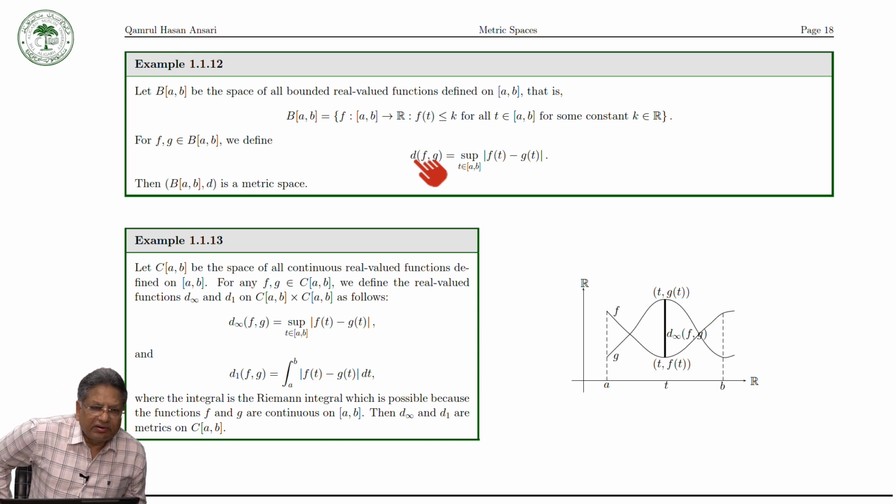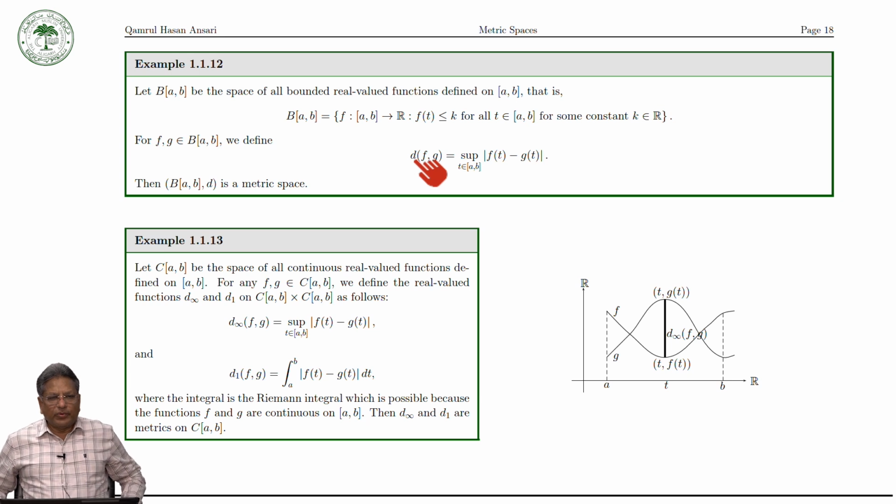Now, as I mentioned in the beginning, how can we define the distance between any two functions? Suppose we consider a set of all bounded real valued functions defined on the closed interval [a,b].